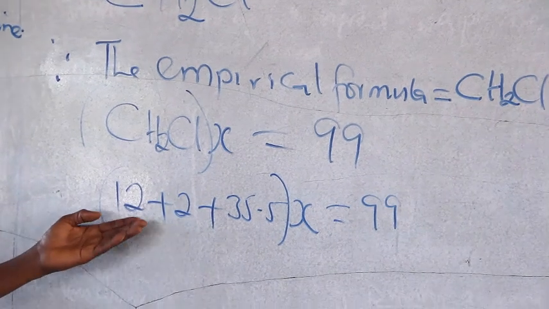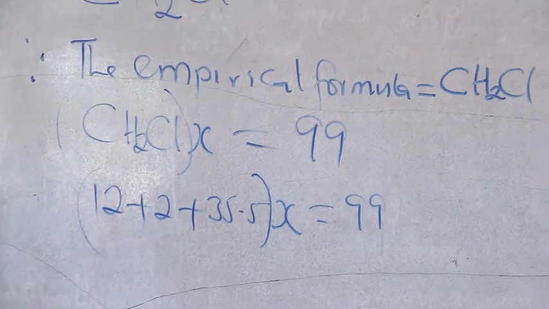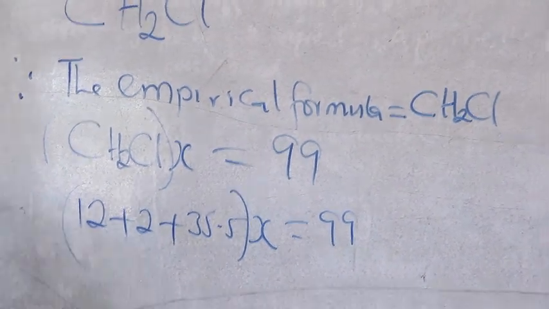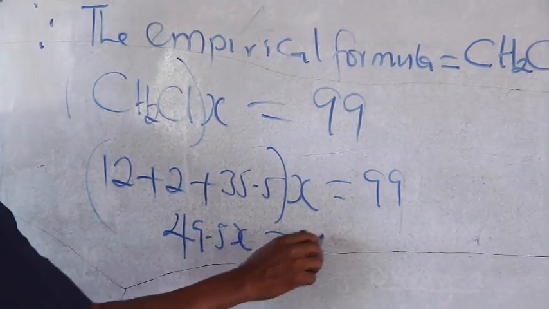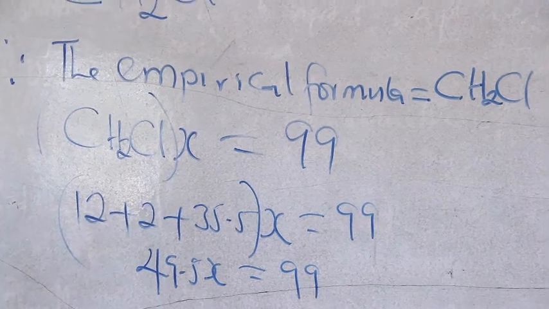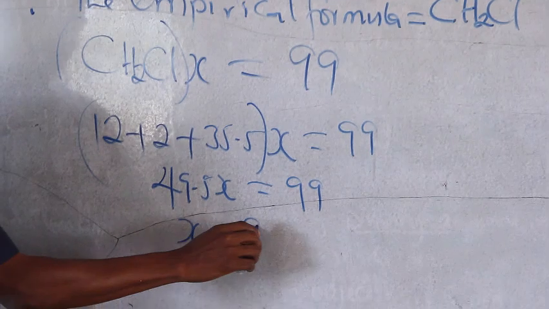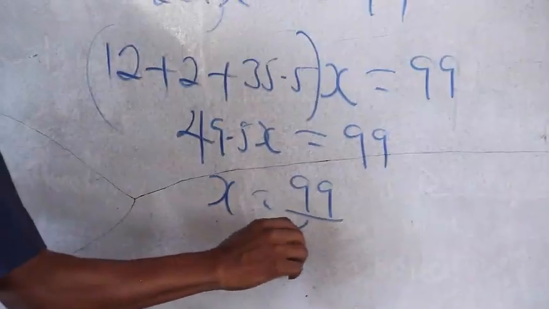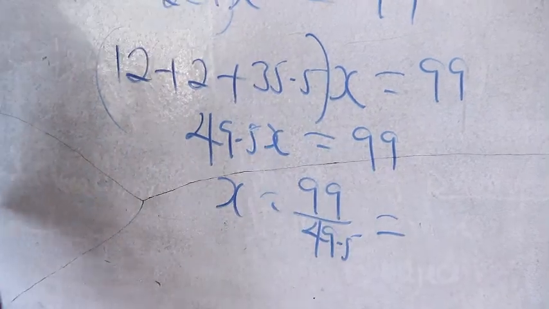Now what is 12 plus 2 plus 35.5? 49.5. So 49.5x is equal to 99. From here we can find the value of x. Then we can say x is equal to 99 over 49.5. And this will give us what? 2.